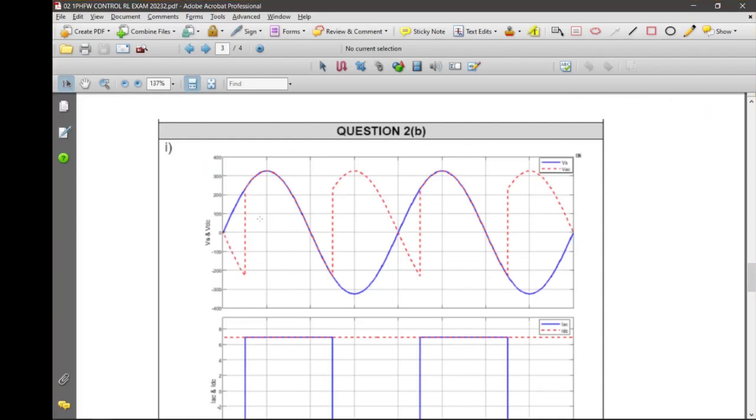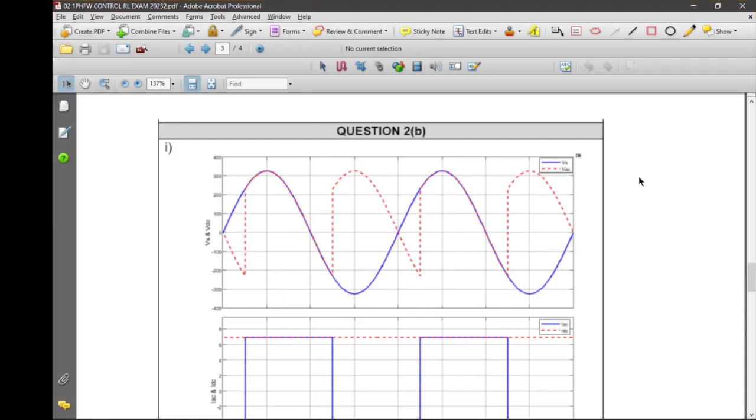Then you trigger thyristor 1 and thyristor 2 at that point, and you have this output voltage again. It continues into the negative area, and then you trigger again. This is where you trigger thyristor 3 and thyristor 4. Okay, so that's the output voltage.